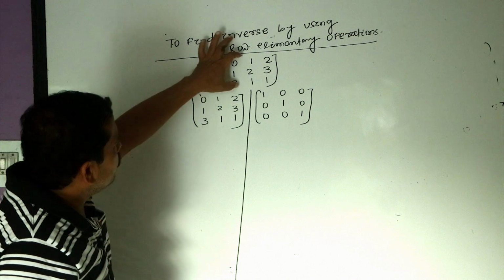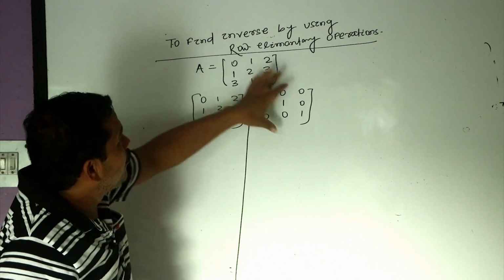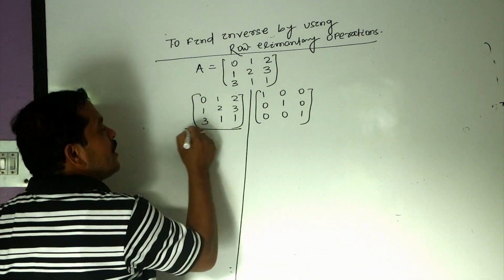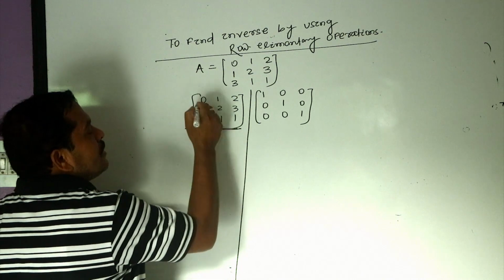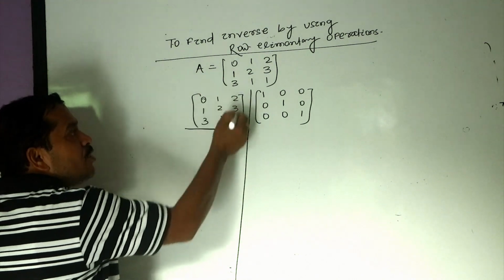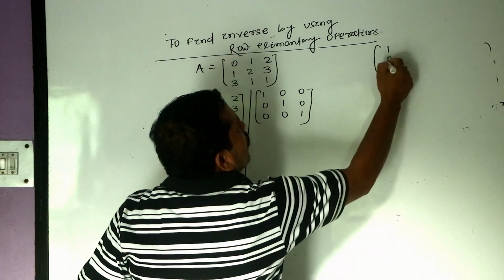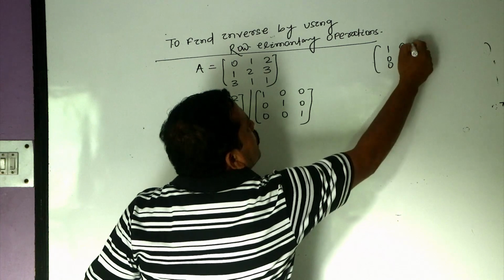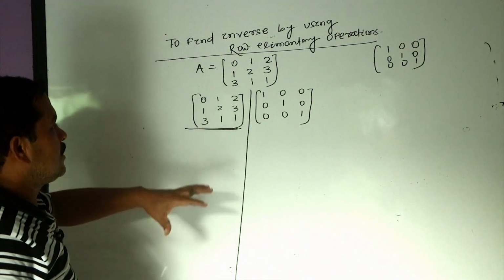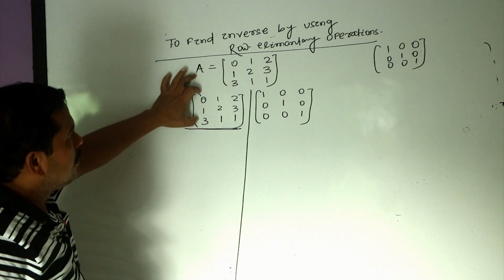You write the given matrix here and the same order unit matrix. Our aim is to transform this matrix to the unit matrix, meaning 1, 0, 0, 0, 1, 0, 0, 0, 1. Same process.